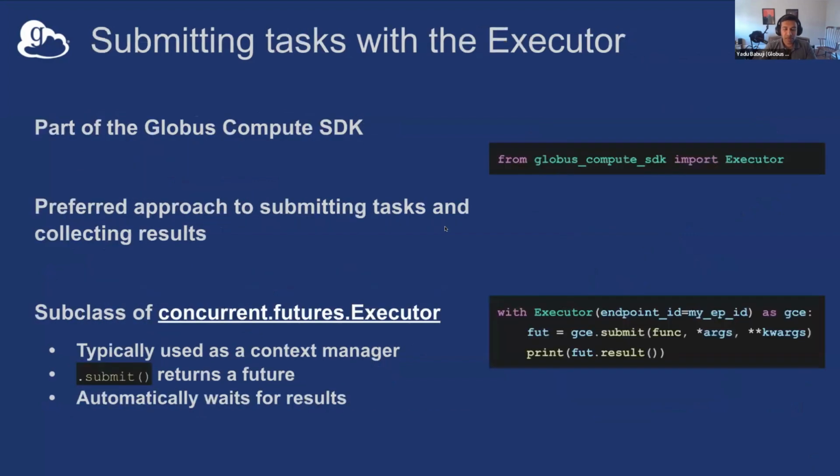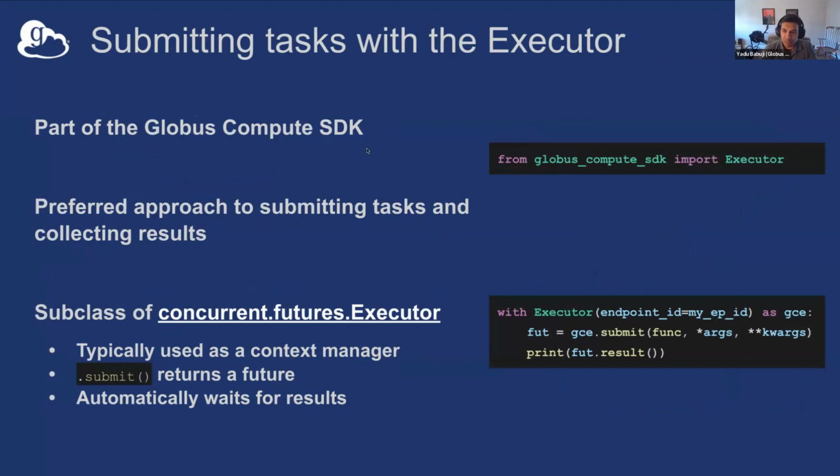The next bit that I want to get into is the details of exactly how you do all of that, especially from the client side, where you use the Globus Compute SDK, which is a Python package that you can install and import, and then use as you would like in your Python scripts.